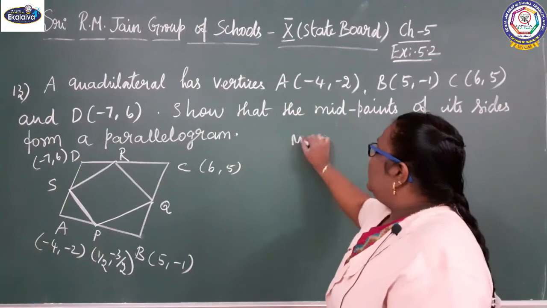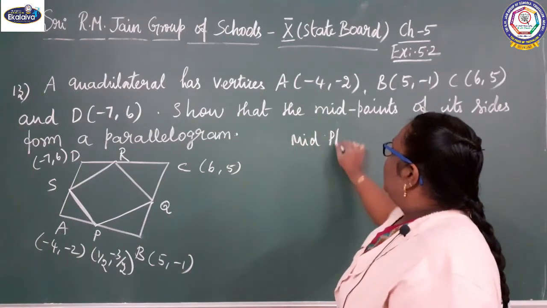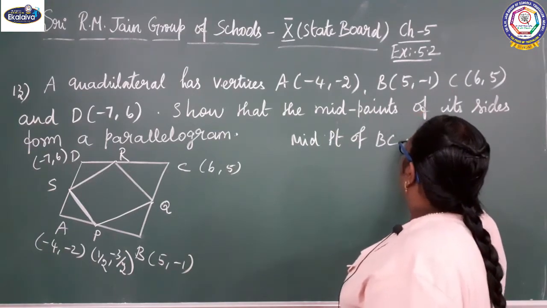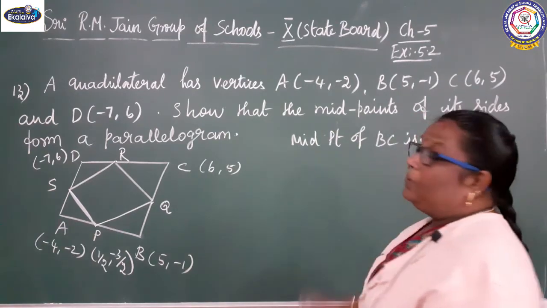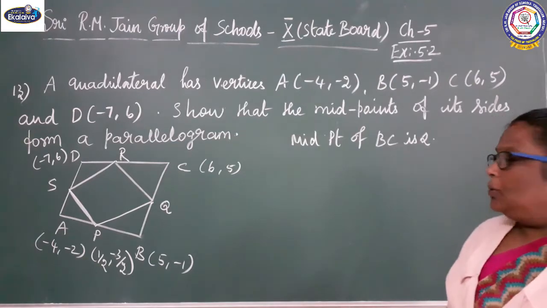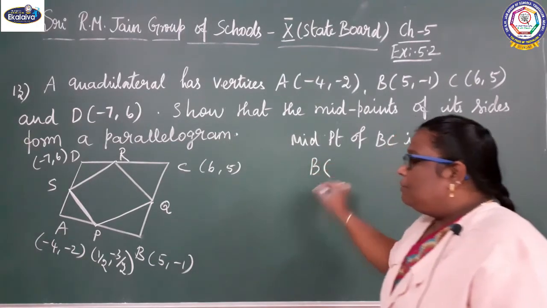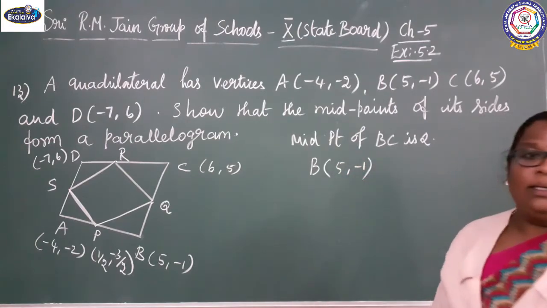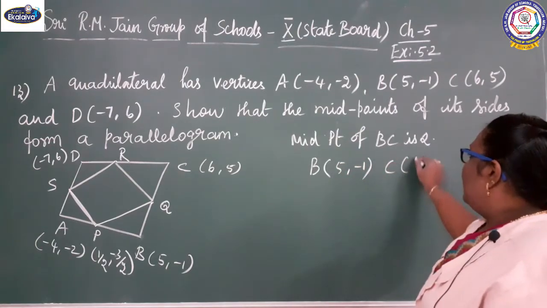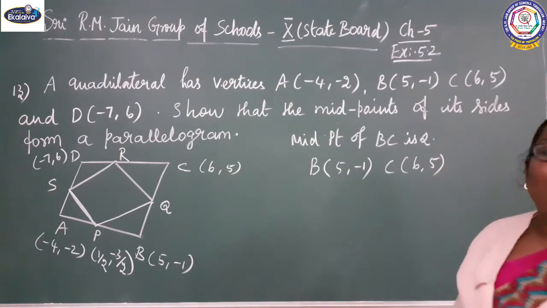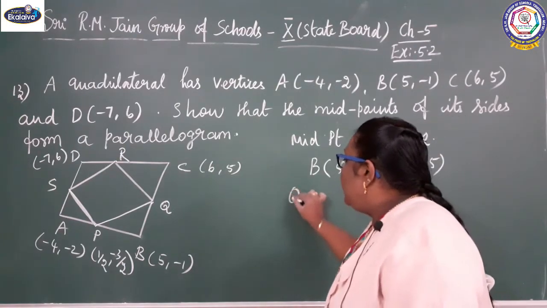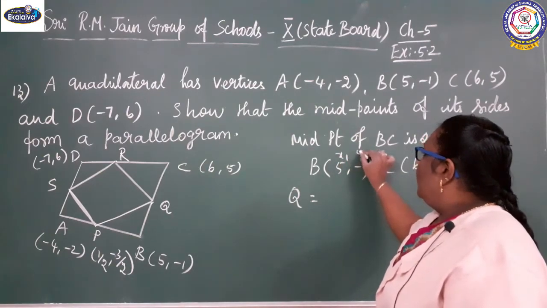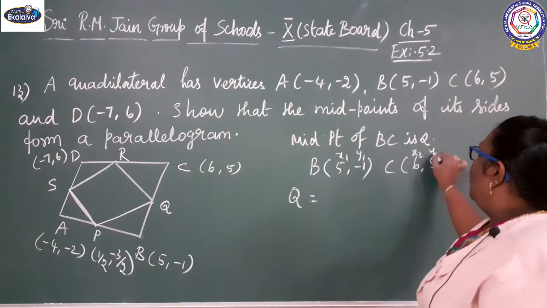Midpoint of BC is Q. So what is the value of B? B value is 5 comma minus 1. C value is 6 comma 5. So Q equals x1, y1, x2, y2.